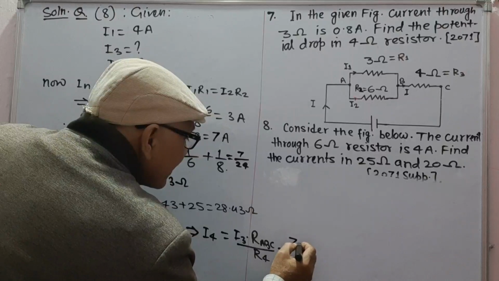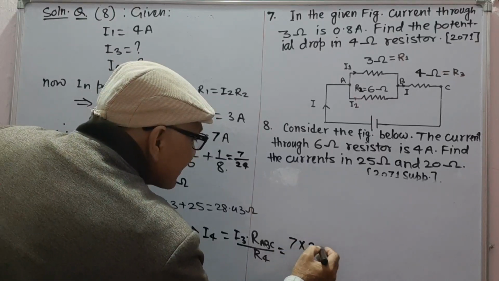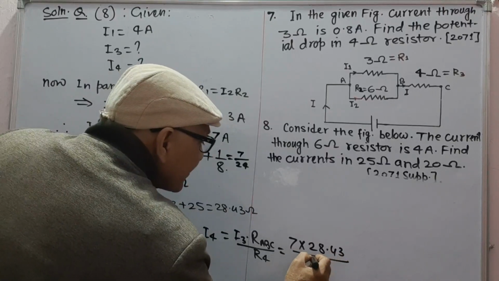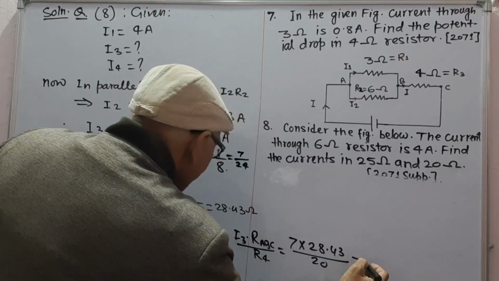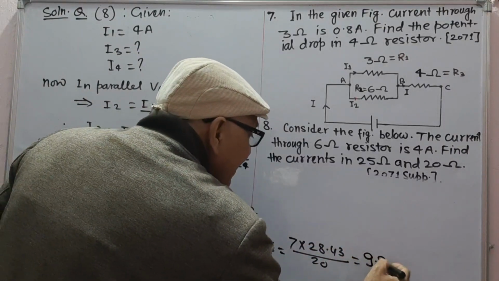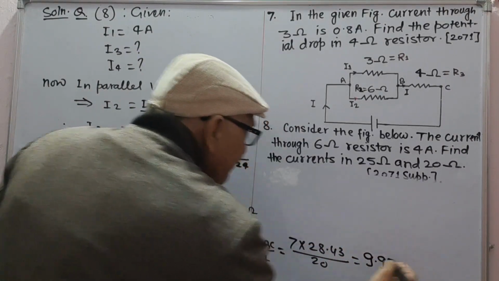I3 is 7 ampere, RABC is 28.43, R4 is 20, therefore I4 is 9.95 ampere.